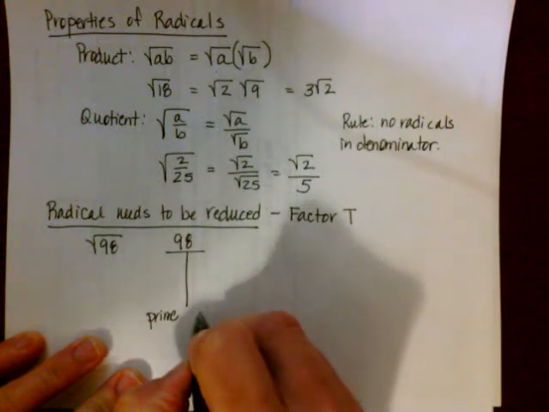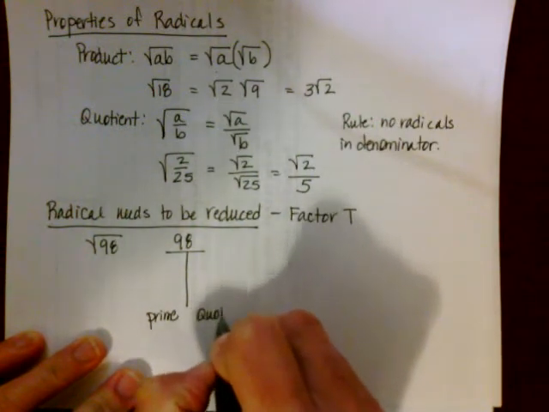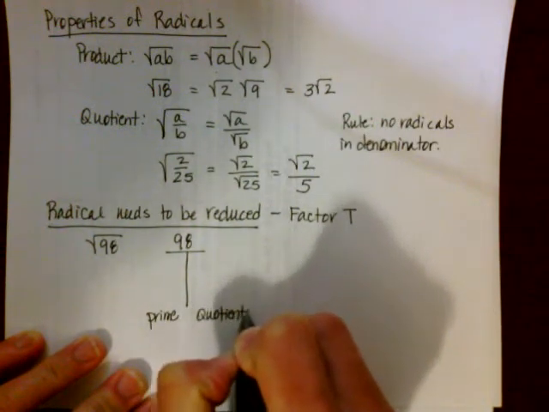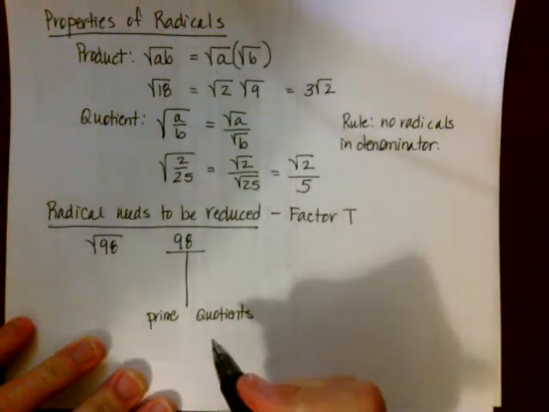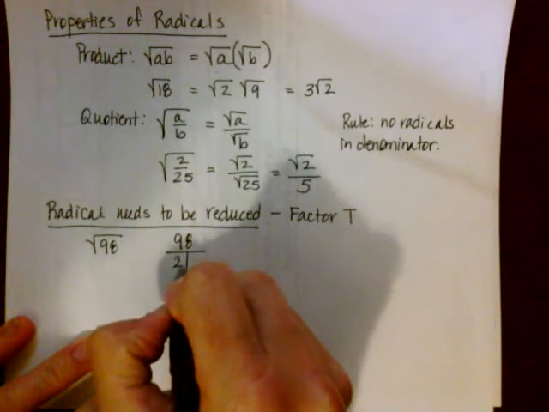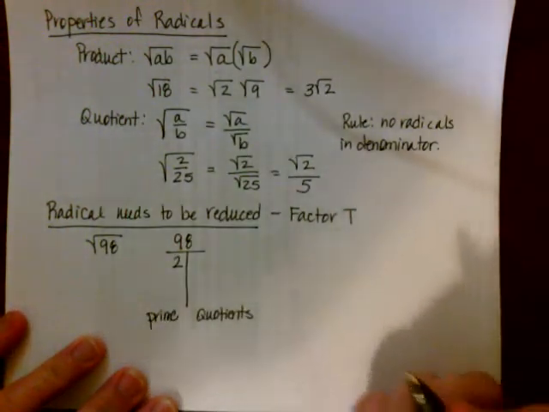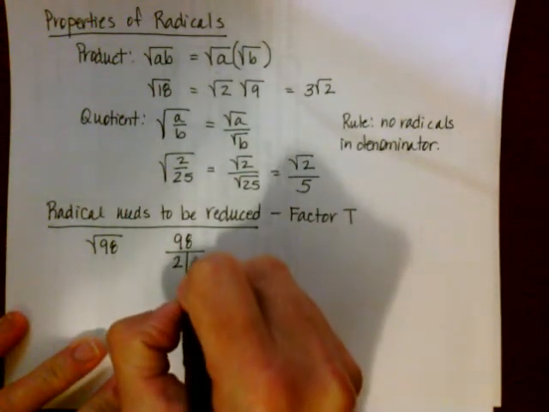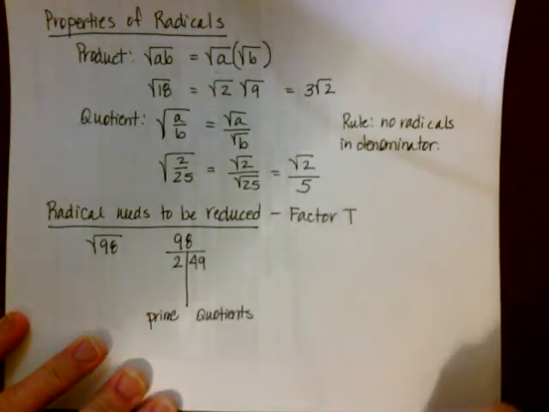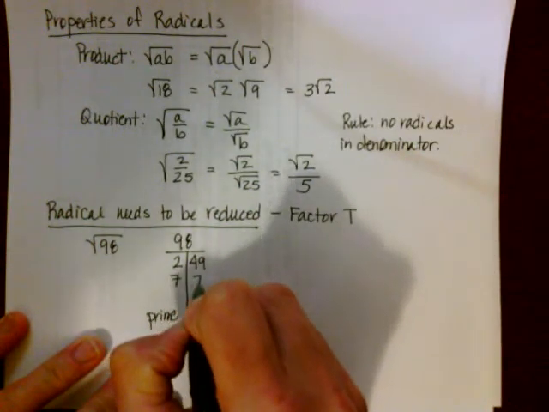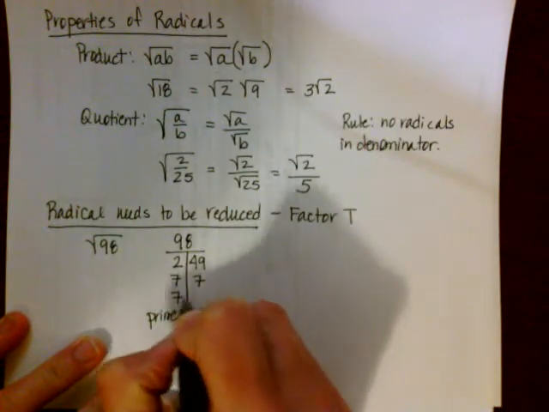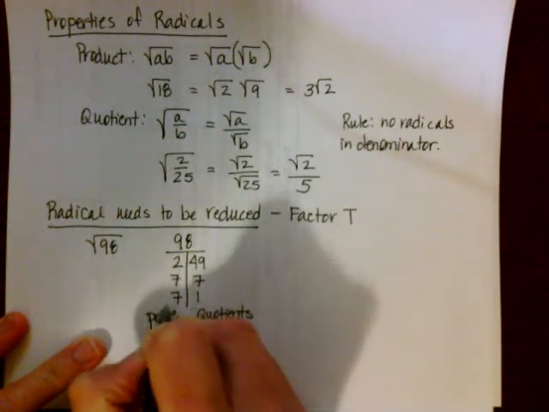The numbers on this side are going to be the quotients, the answer when I do division. The first number that I'm going to divide into 98 is 2. And 2 is prime. So 2 goes into 98 49 times. Then 7 goes into 49 7 times, and 7 goes into 7 1 time.